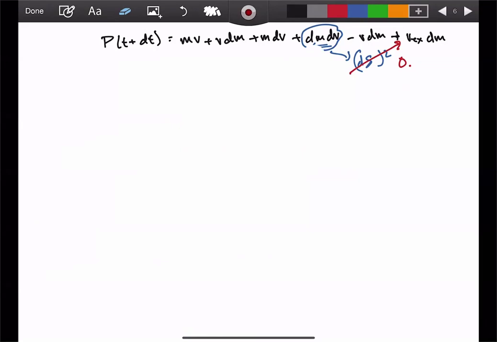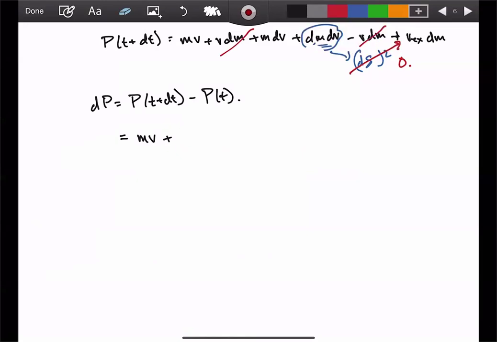So finally, my change of momentum, let's write it that way. My differential change of momentum is going to be my momentum at t plus dt minus my momentum at t, right? So this is my final momentum minus my initial momentum. So I'll plug that in. I'm going to get an mv plus, in this case, also notice that this term here is the same as this term, so that's going to cancel.